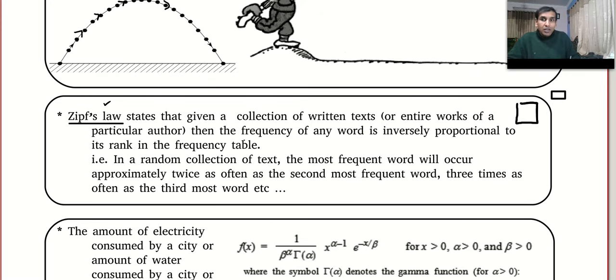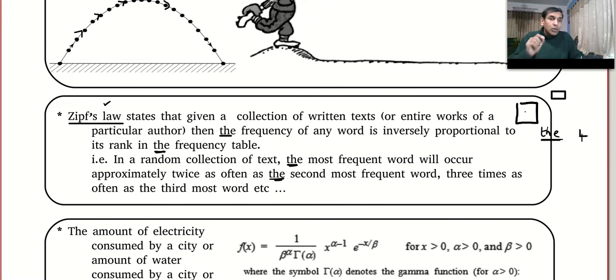For example, the word "the": can you see in this line, "the" is coming here and it is coming here again. So 2 times, 3 times, maybe 4 times. So I will write the word "the" repeats 4 times.